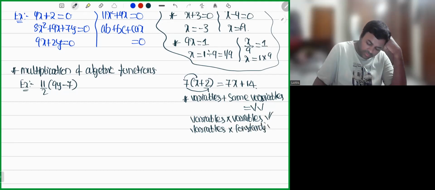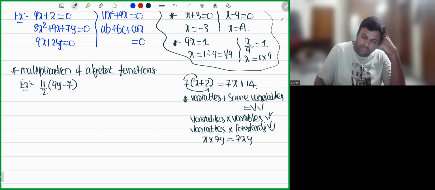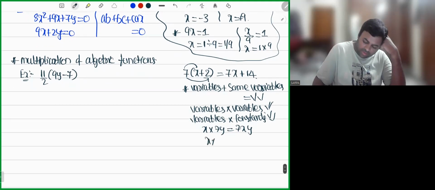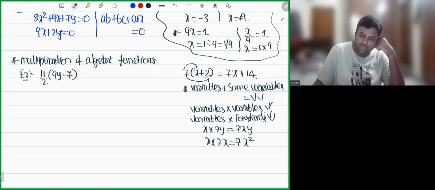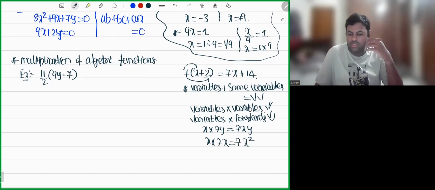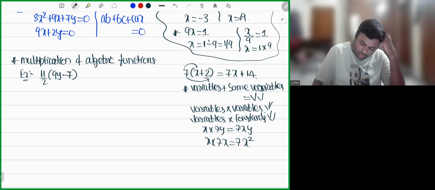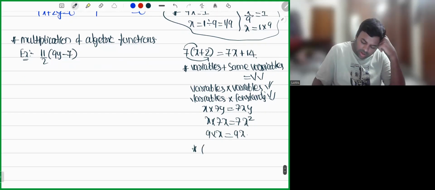Like I am having x into 7y: 7 you will write as it is, xy. I am having x into 7x: 7 you will write as it is, x into x is x square. Variables and variables can be multiplied. Variables and constants can be multiplied. 9 into x, 9x. Constants into constants you can multiply.